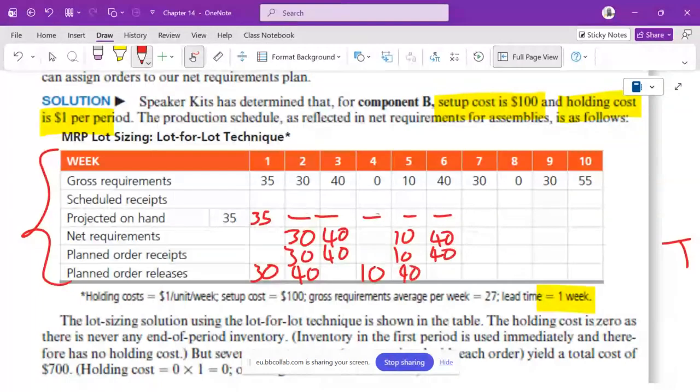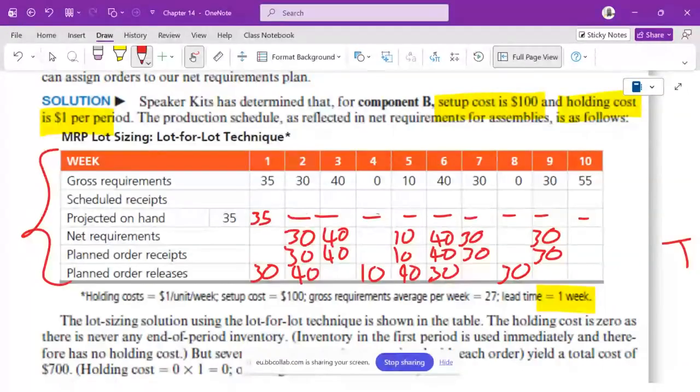Straightforward. 30, 30, 30. You order 1 week before, so that the suppliers can be able to deliver that product for you.